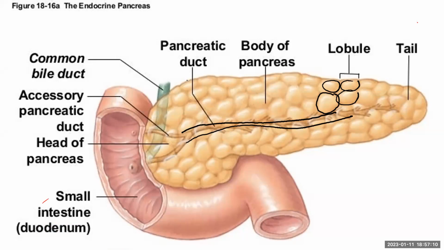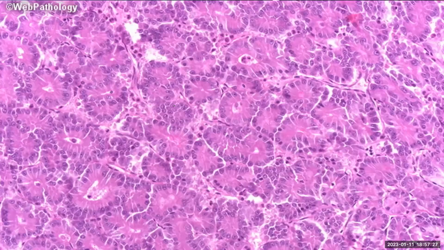And then the bile duct, the hepatic duct, is coming from this way, and then they connect to the duodenum through this hepatopancreatic duct. If we look at the structure of the lobule microscopically like this, on the microscope you can still visualize the cells like this.